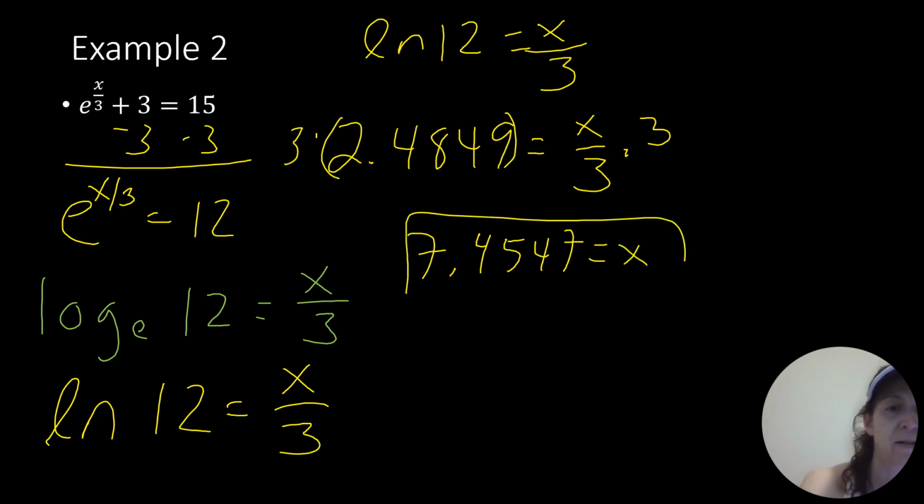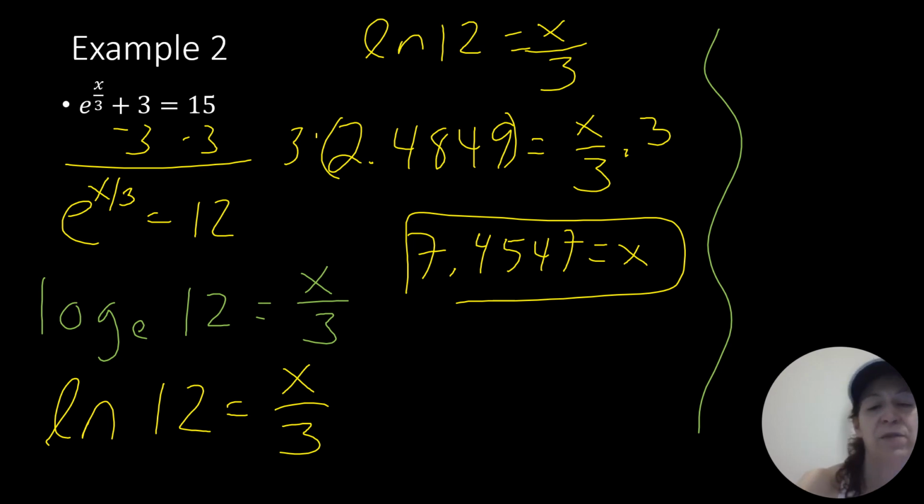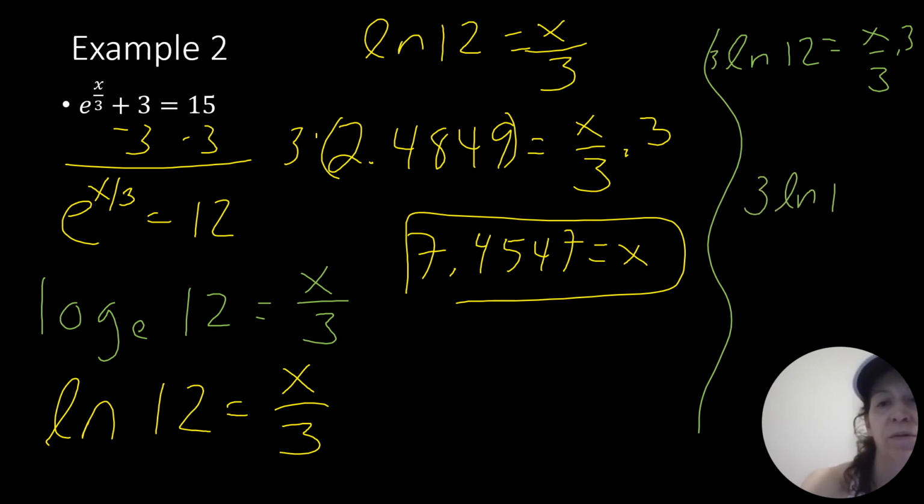And then just for that contrast, again, if somebody were to ask you for the exact answer, what you would do is you would multiply by 3, and you just would skip the step where you evaluated that log.